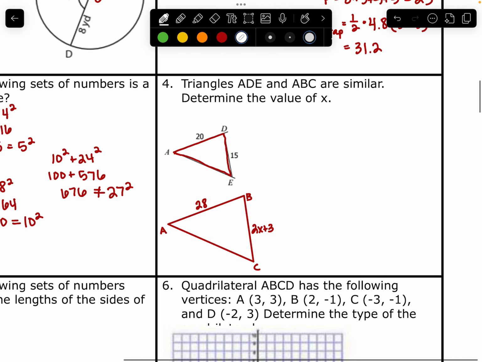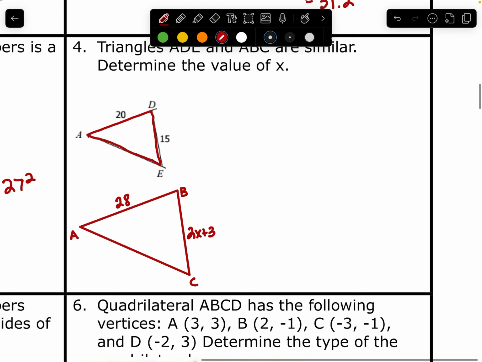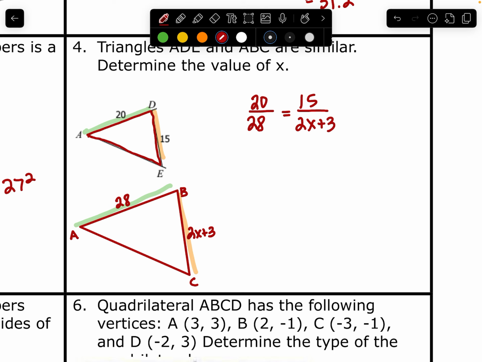All right, so we can compare these two triangles and write the ratio, the proportion to solve for x. We see that AD, that 20, matches up with the 28, just like this one and this one go together. So that's going to be our ratio, 20 to 28, 15 to 2x plus 3. So now we're going to solve the proportion.